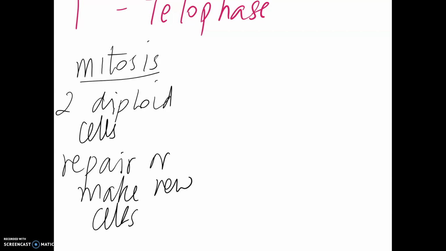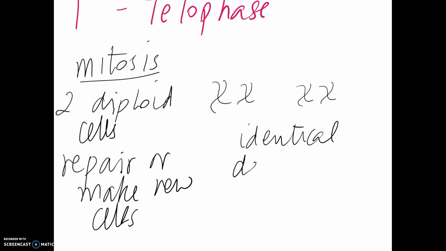So in this case, you're going to get 2 daughter cells, and they're going to be identical. They are used to repair things in the body, so hence they're identical.